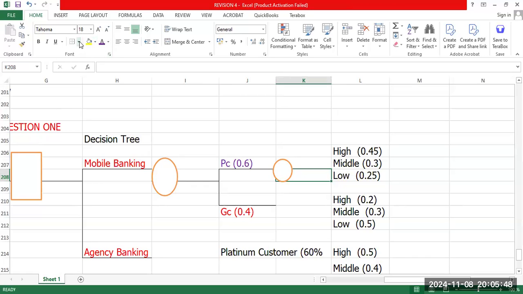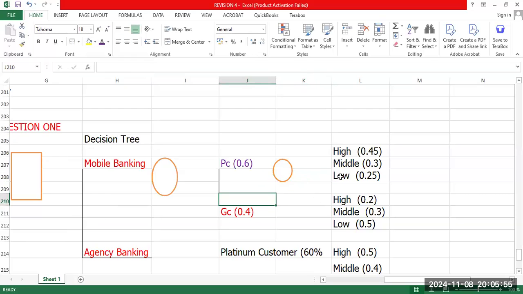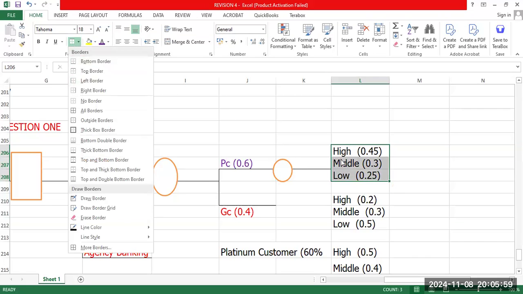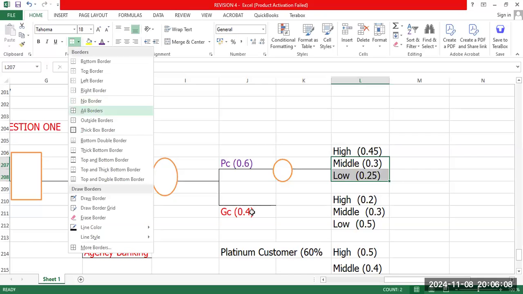I want to present all of this. Make sure that they start from a circle.